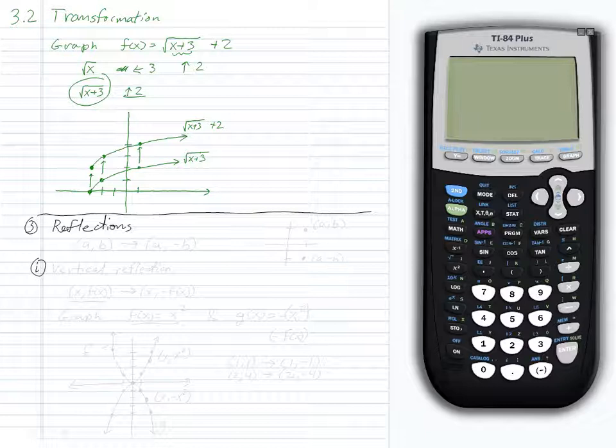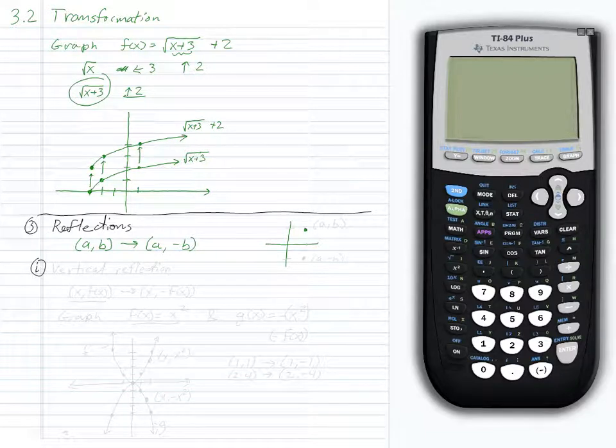Our next type of transformation involves a slightly different concept. Here we are going to see graphs reflected either across the x or the y-axis. Now, to cause a reflection of a point across the x-axis, so if I have a point A, B, its mirror image across the axis will be located at A, negative B. To see that, we can plot a couple of points.